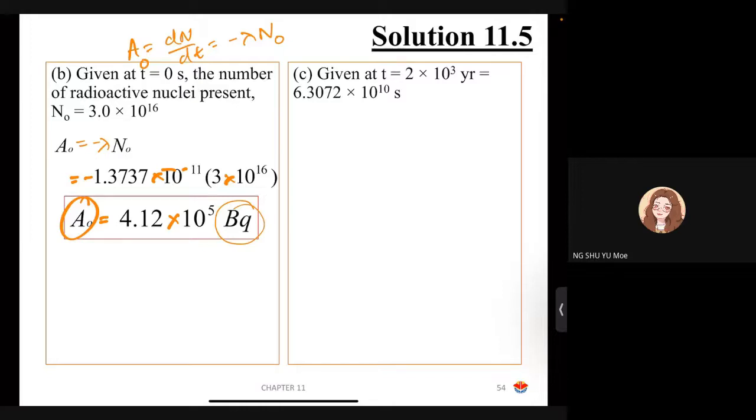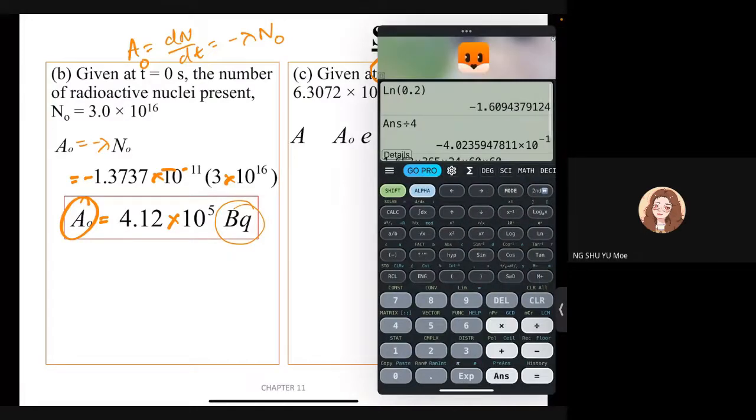Okay, soalan nombor C, dia suruh cari aktiviti bila dia adalah tahun ni. Dia tukar 2 times 10 power of 3 years.